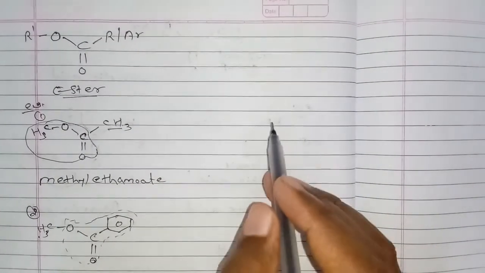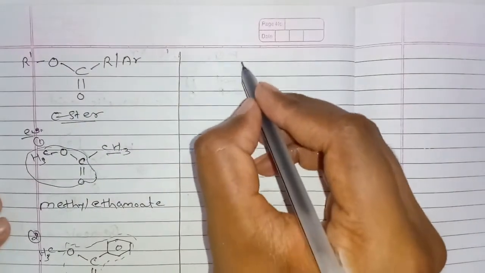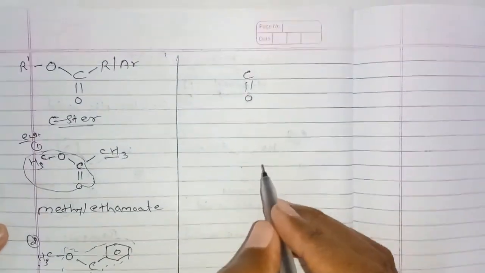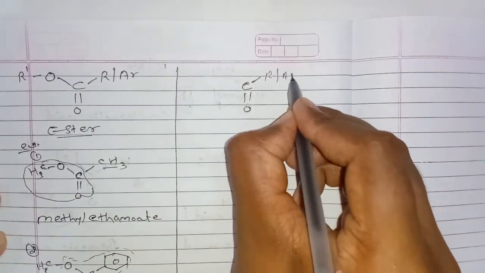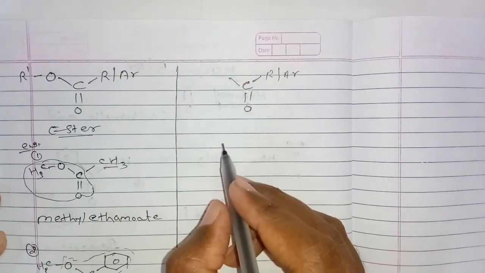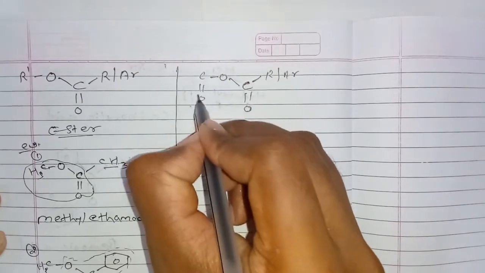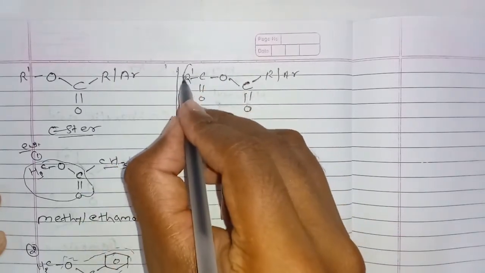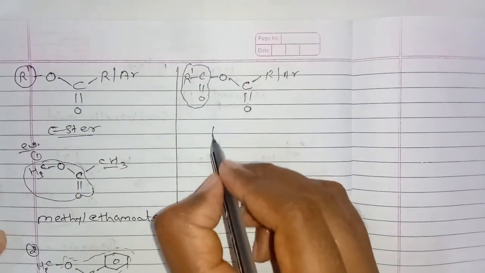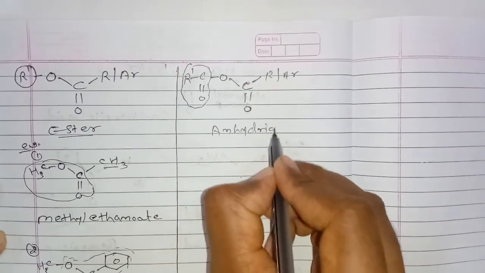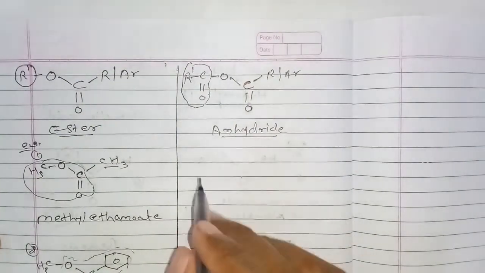Now the example of the anhydride. The carbonyl group of the carbon is bonded with an alkyl or aryl group and another oxygen. The hydrogen atom is replaced by COR dash, and it is the anhydride of the acid, or acid anhydride.